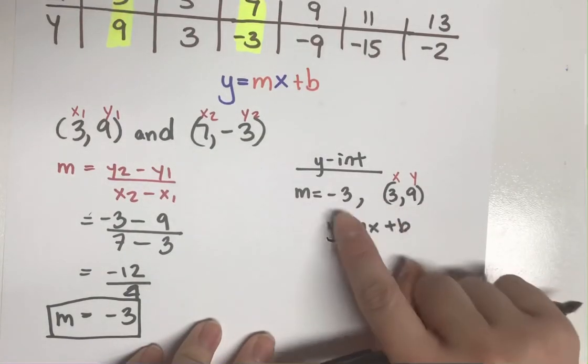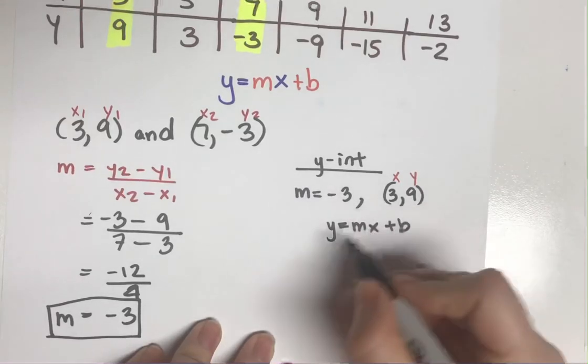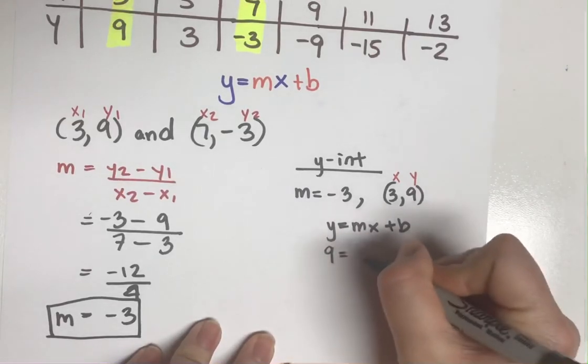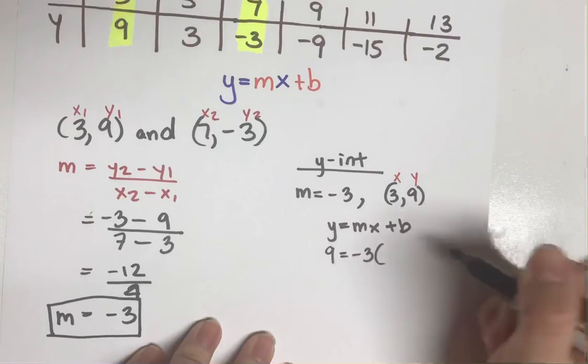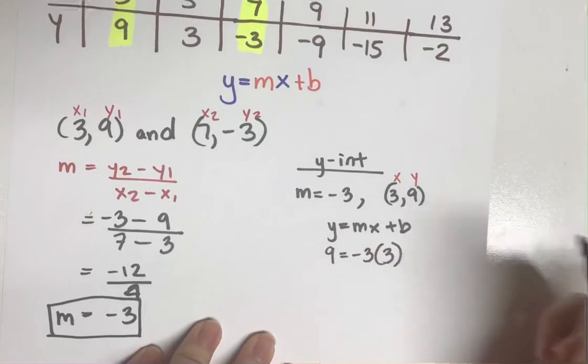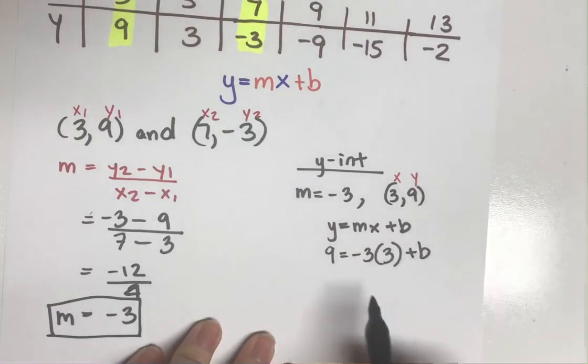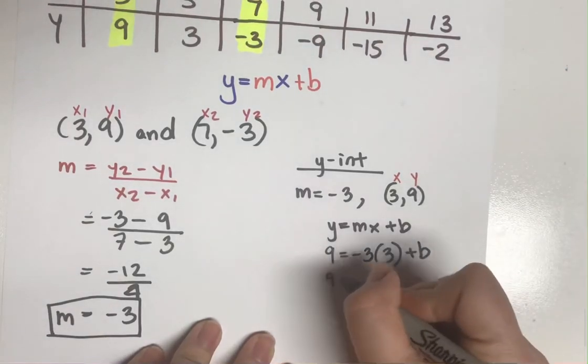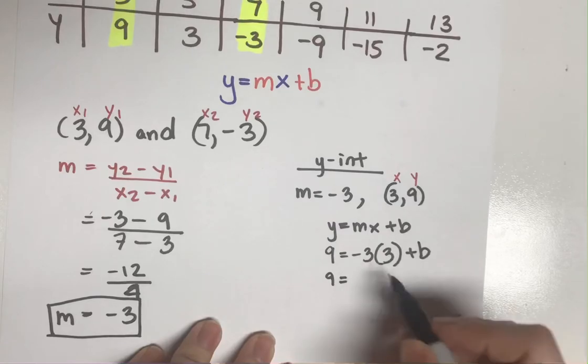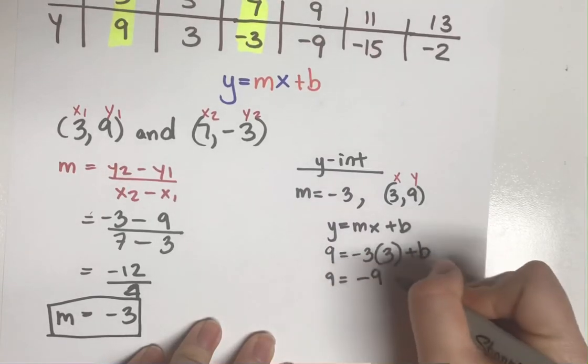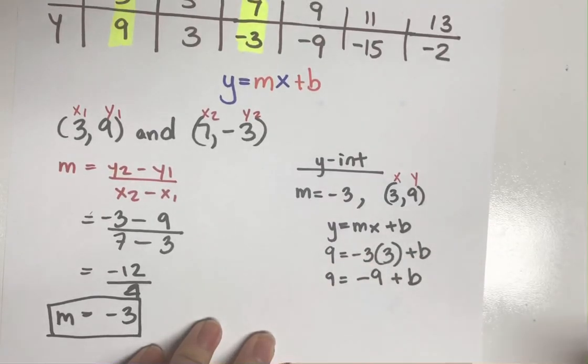Y is 9, m is -3, x is 3, and plus b. BEDMAS, I'm going to multiply these. 9 is equal to -3 times 3, which is -9, plus b.